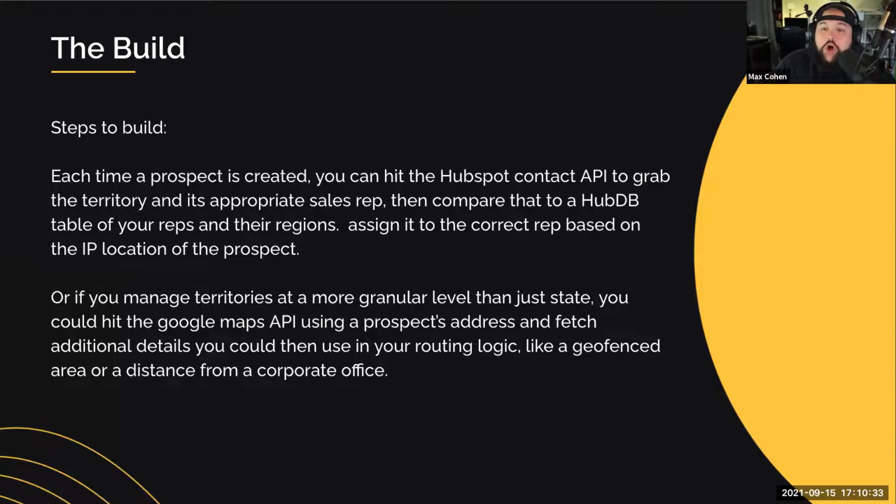So instead of building all these intense and super complex workflows to account for every single possible situation on how you actually route your leads to the right sales rep, you could simply have a custom coded action that either has the logic built into it, so it's all contained within one action, or if you need to reference information in another system, for example a HubDB database filled with information on how you route your leads and what sales reps are aligned to what geographic area or zip code, you can reference information outside of HubSpot or somewhere else within HubSpot using that custom coded action, and then it would output a value that helps you simply assign whoever that lead should be going to, right?